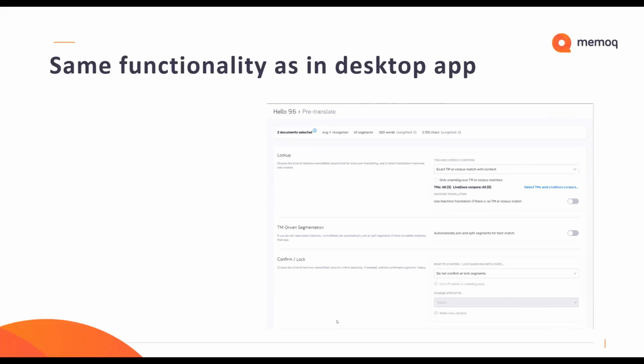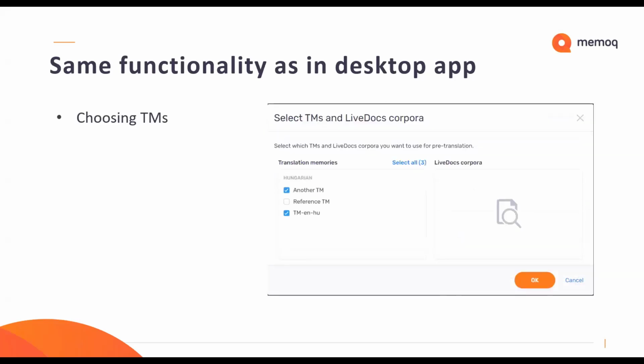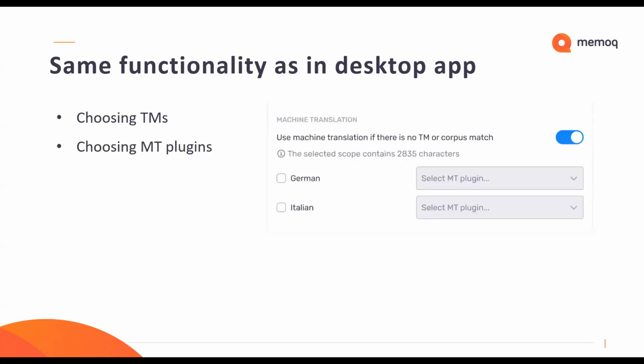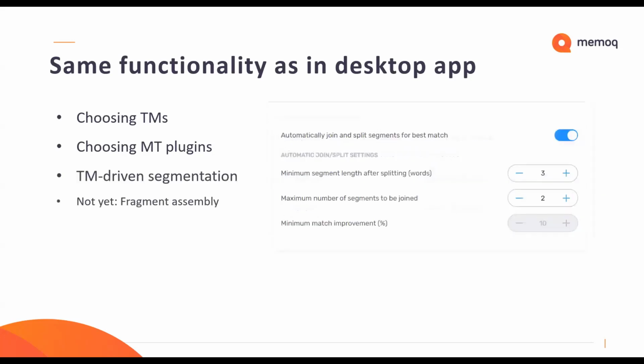And the functionality that is now available on the web as well is choosing which TMs you are using for pre-translation, which is a fairly new feature in pre-translation anyway, but now it was also introduced on the web. Choosing which machine translation plugins you use if you want to.